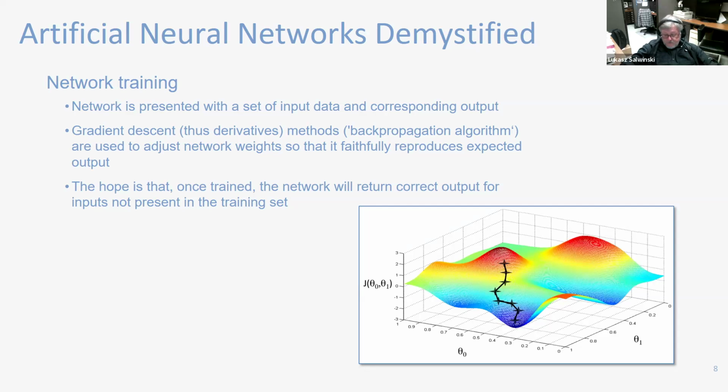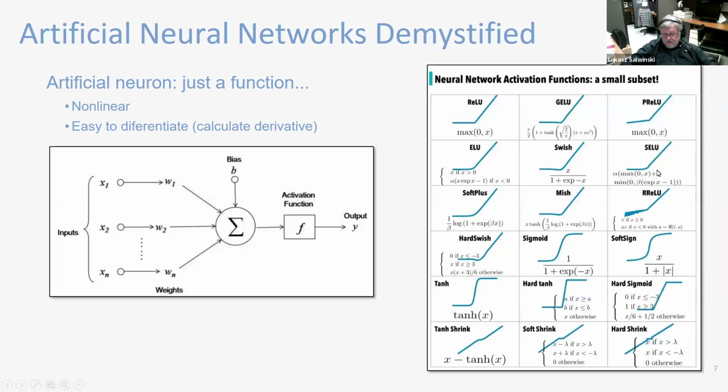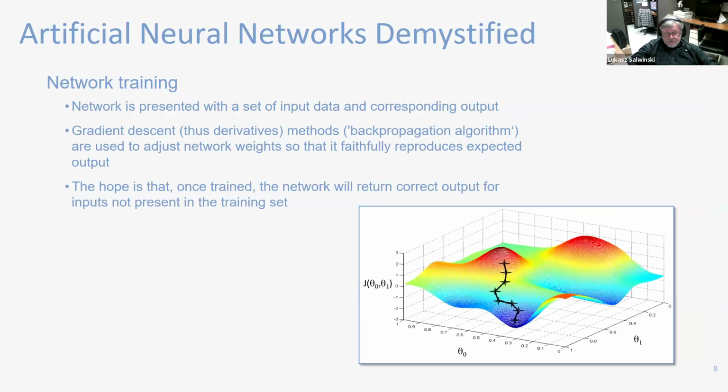So one of the driving forces behind coming up with all those various activation functions is that they are either faster to calculate the gradient, or the overall procedure behaves better when you're running the gradient descent method.